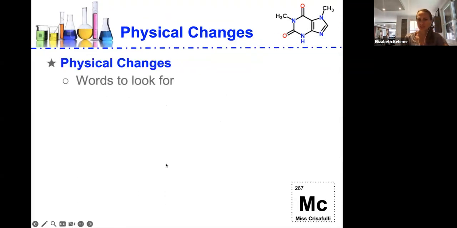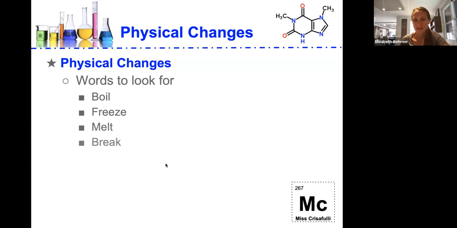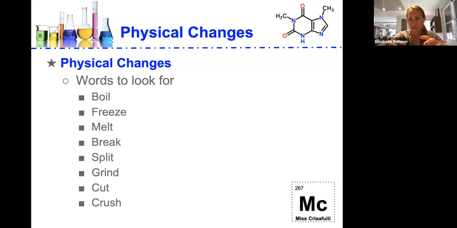More about physical changes, words to look for when you're trying to determine if something is a physical or a chemical change. If something is boiling or freezing or melting or breaking or splitting, grinding, cutting, or crushing, those would all be examples of physical changes because the overall composition of the substance is not changing and there's nothing new being formed.